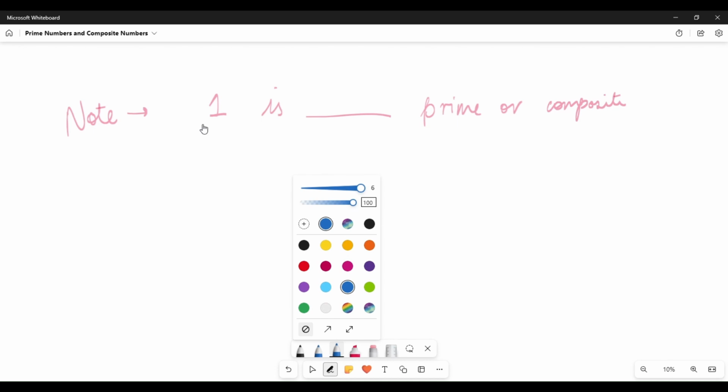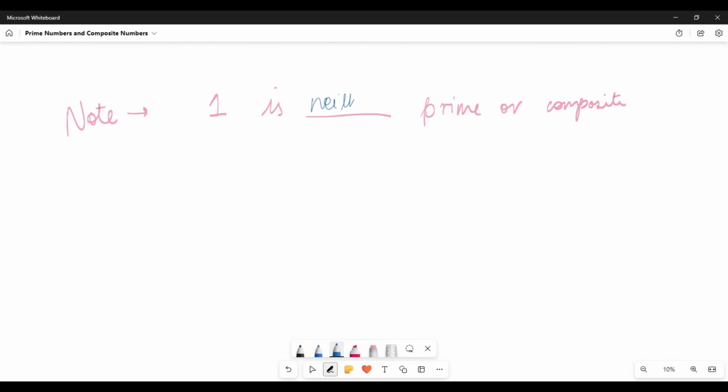If you said none or neither, then you are correct, because 1 is neither a prime number nor a composite number, because 1 is its only factor. 1 can be written as 1 times 1 and nothing else, right?